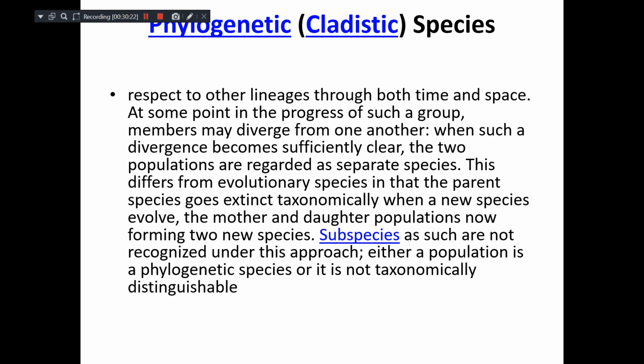But at some point of time during the progression of that group, they may diverge from one another. If the divergence becomes more and more intensified and sufficiently clear, it results in the formation of two separate populations which are regarded as separate species.